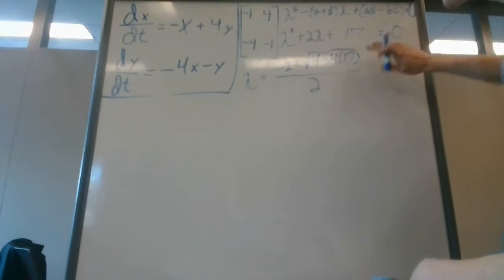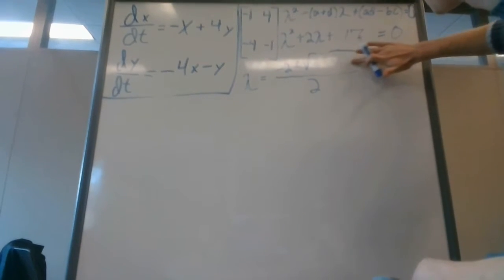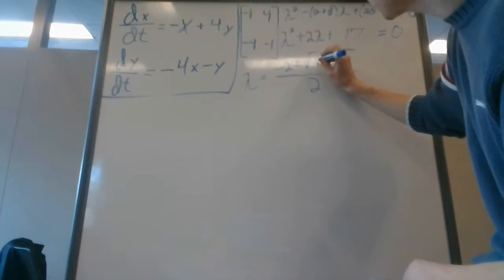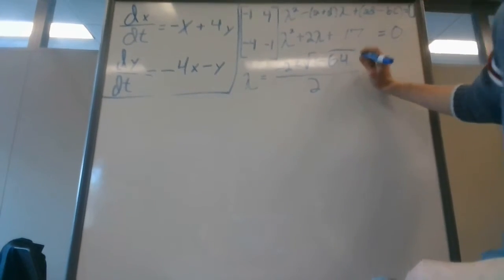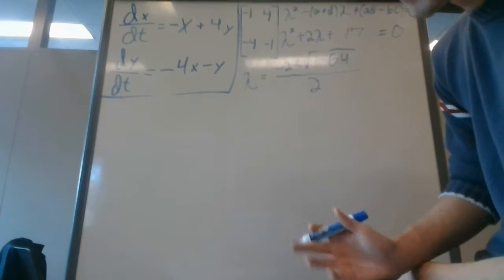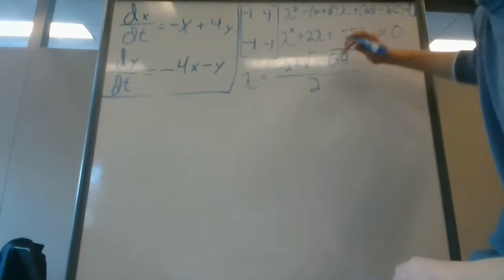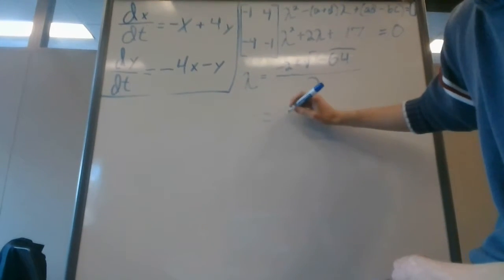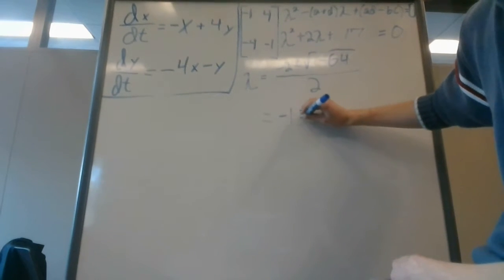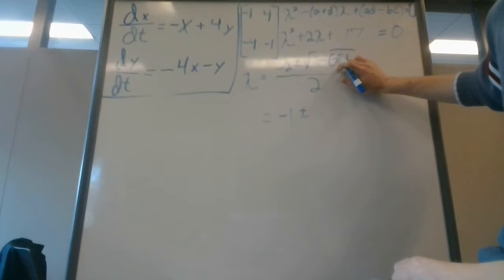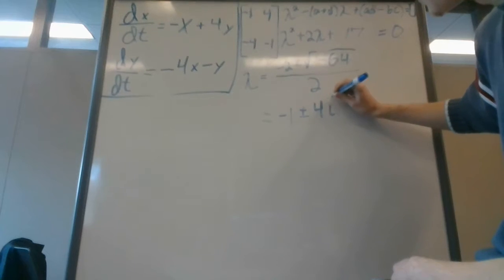So, this is -64. The square root of -64 is an imaginary number, and it's 8i. So this all equals -2 divided by 2 is -1, plus or minus 8i divided by 2 is 4i, and this equals lambda.